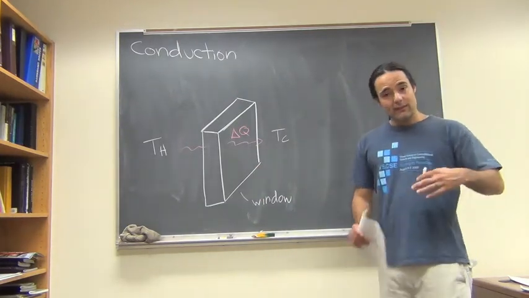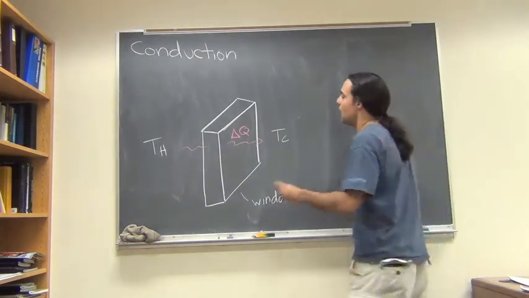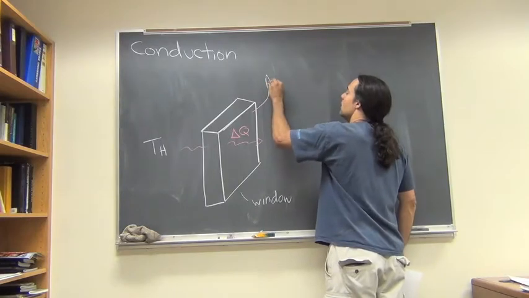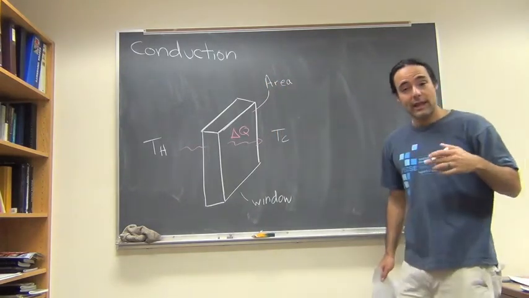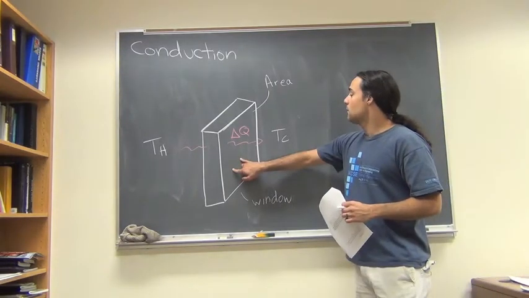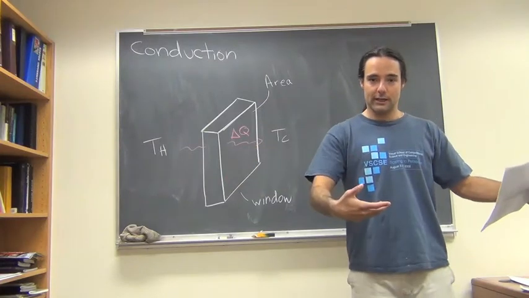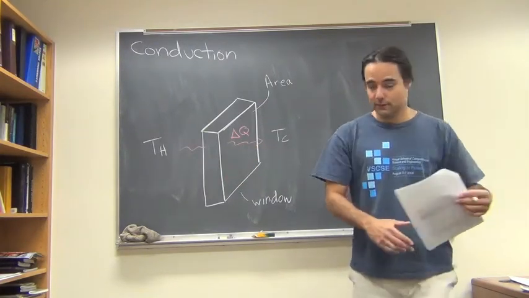You might expect that if you have a wider window, a window with more area, that you are going to get more heat flowing through. And that's a pretty safe assumption to make, because obviously if I have a window that's the whole side of my house, there's more opportunity, more space for energy to flow through.